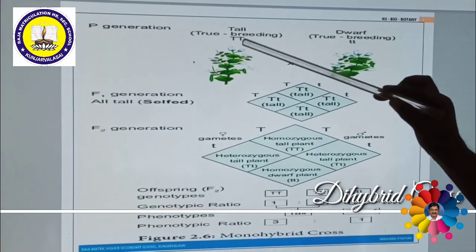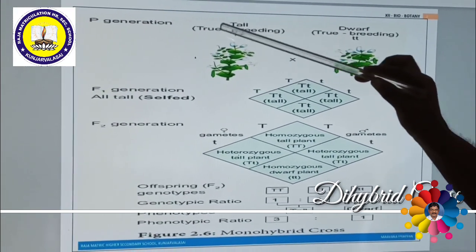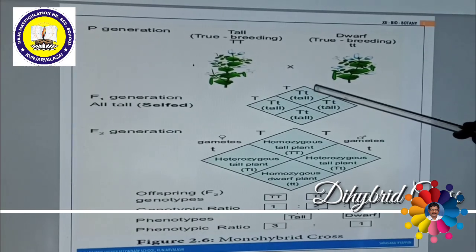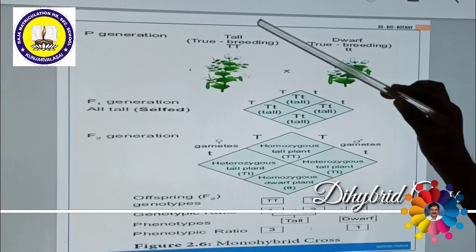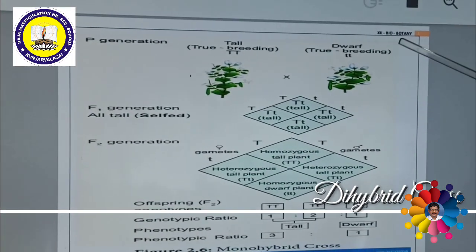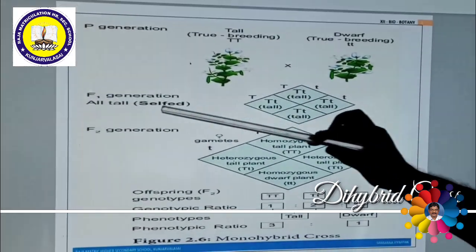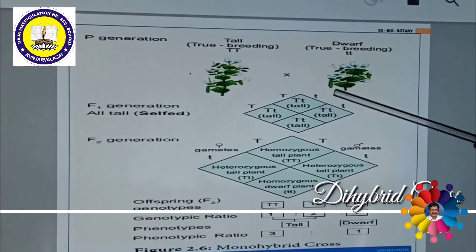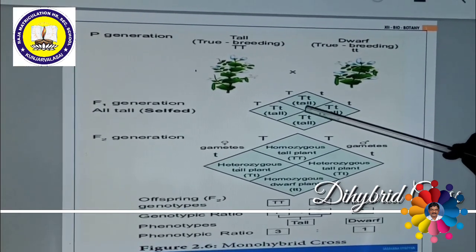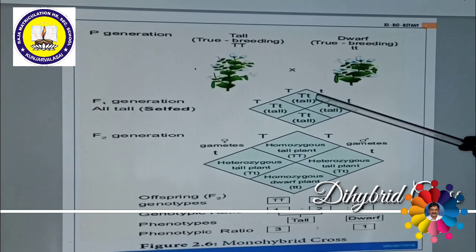If it has the same allele, capital T, capital T, it is homozygous tall. Here, capital T, small t, it is heterozygous tall. So when pure breeding homozygous tall is crossed with homozygous dwarf, in the F1 generation all the progeny will be heterozygous tall.